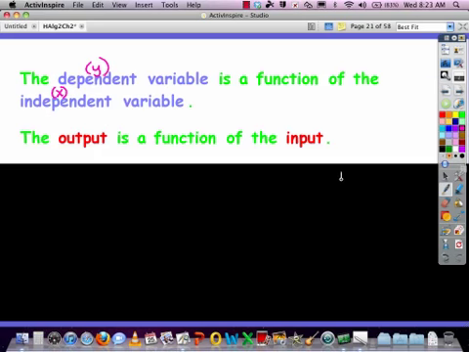We've also used the phrase, without changing anything, notice the color represents, I'm just putting a different word in. The green is staying the same all along. The output is a function of the input. And again, think about what we've called the output. The output has been our y value. The input has been our x value. So these statements are all true, and notice, if I take the blue out or the red out, they turn into the exact same statement.